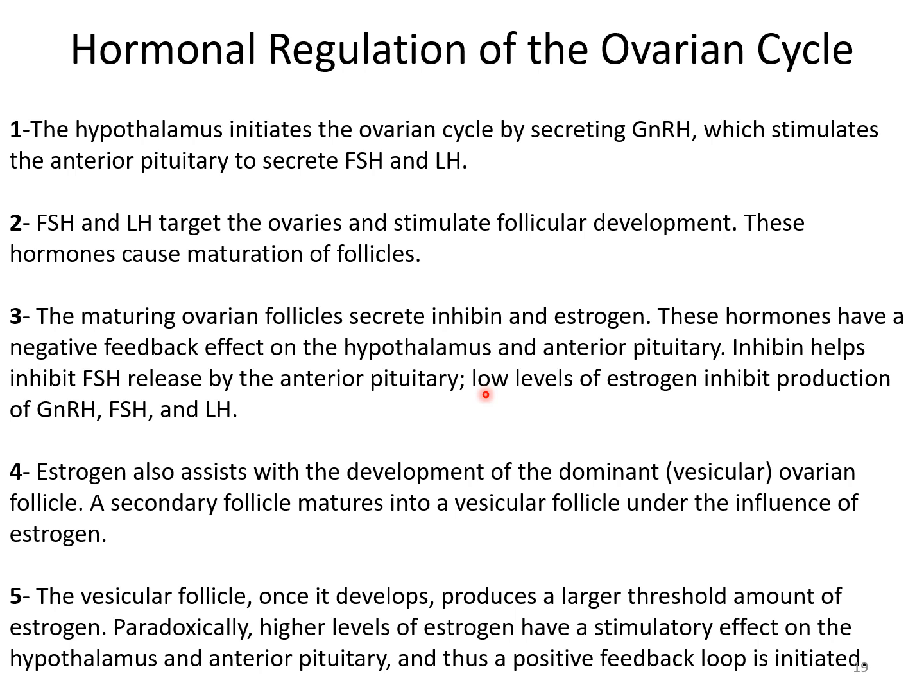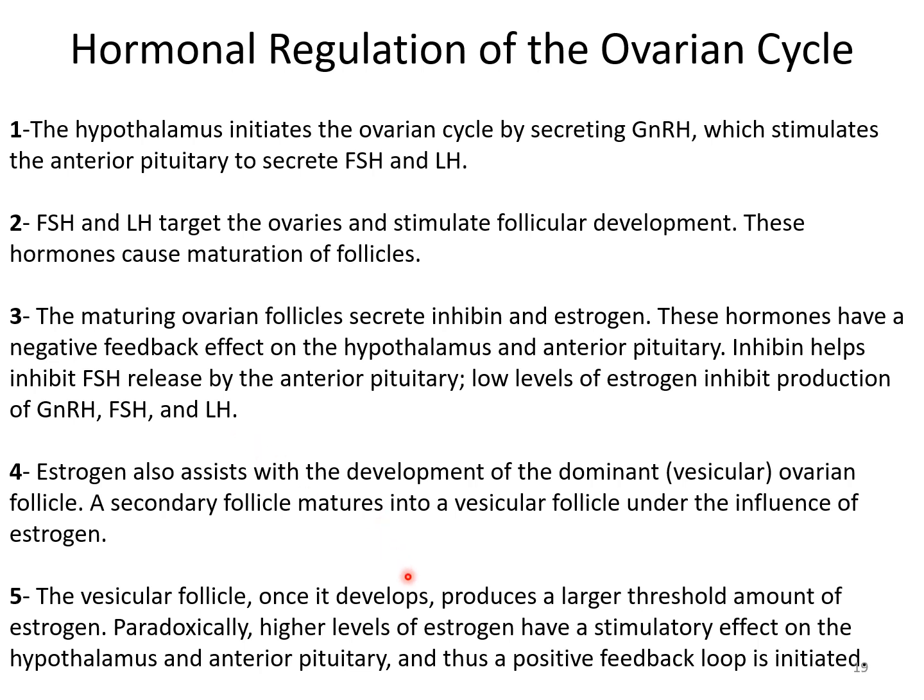The vesicular follicle develops a whole bunch of cells around it, and all of those cells are releasing estrogen. So the more cells it builds upon itself, the more estrogen it releases. It's a bit of a paradox, because remember I just said low levels of estrogen inhibit GnRH, FSH, and LH.